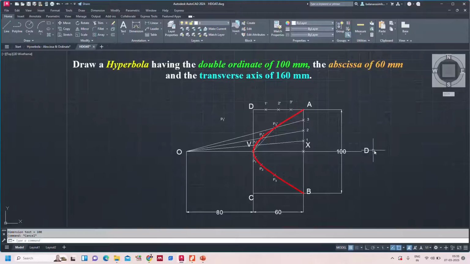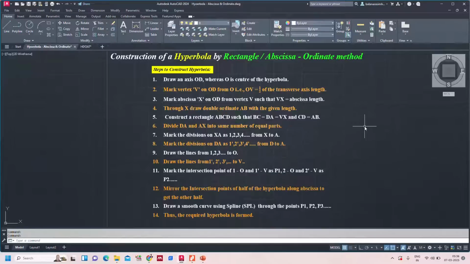Okay, this line is very big. Let me take it inside. So with this we completed the construction of a hyperbola using the rectangular method of abscissa ordinate method. That's it, guys.